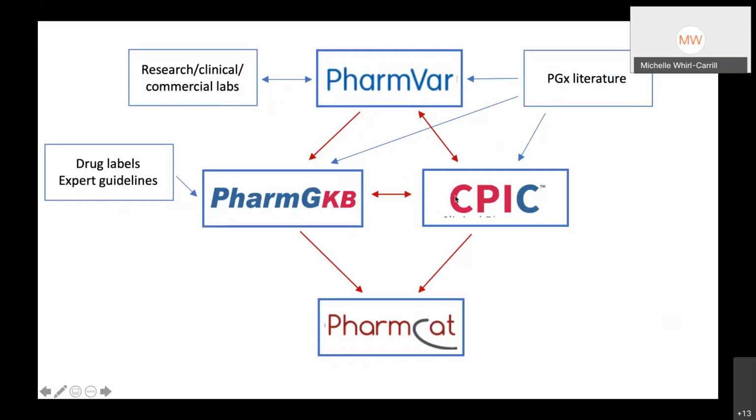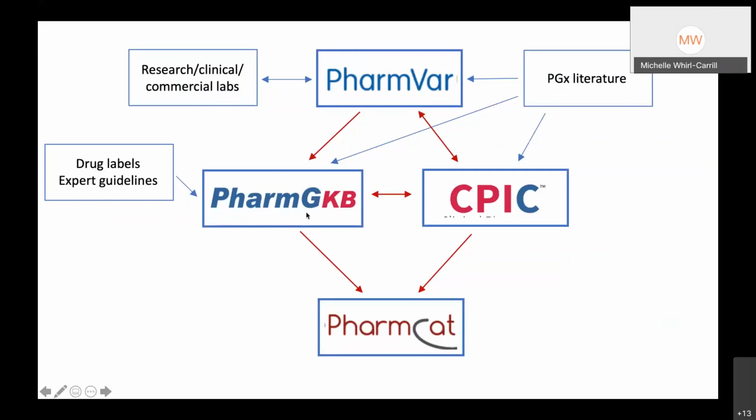PharmGKB and CPIC are very much interdependent. As I said, CPIC started as a partnership with PharmGKB and the PGRN. Before there was even a CPIC website, we displayed CPIC information on PharmGKB. CPIC is its own entity. PharmGKB, as I said, strives to be a centralized resource of everything pharmacogenomic that we can find.